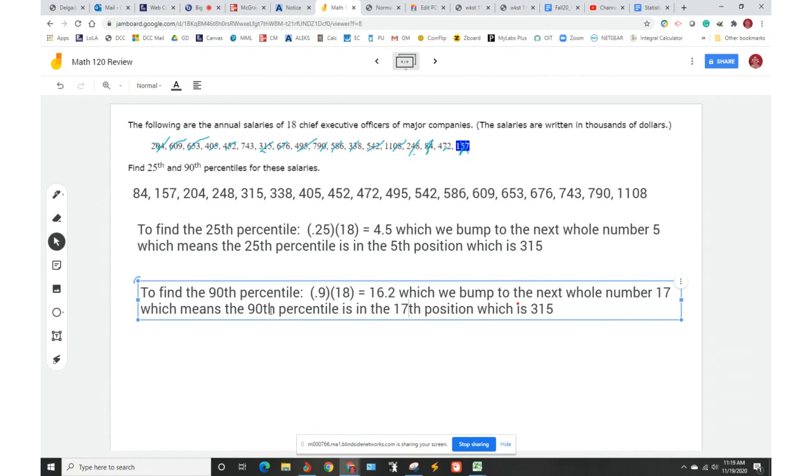And it's just the last one. I'm sorry, the second to last one, because remember, there's 18 of them.